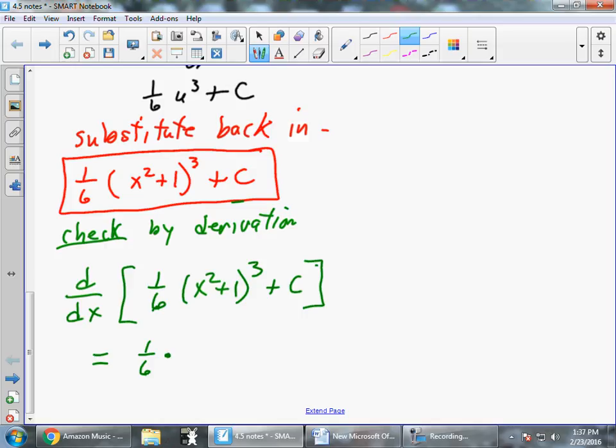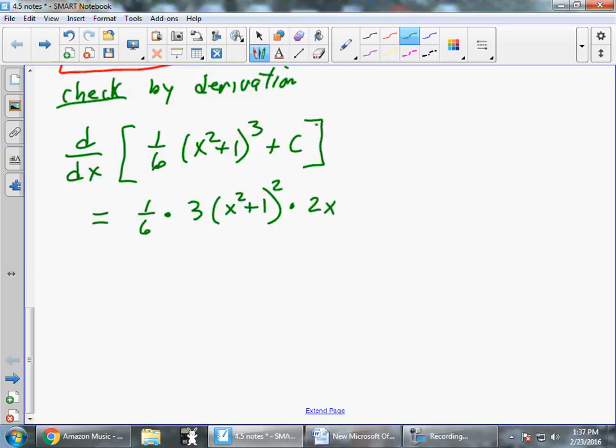It's a constant, it becomes 0. 3 times, chain rule, x squared plus 1, whatever's on the inside, to the power of 2. Times 2x, times the derivative of whatever's on the inside, chain rule. Okay, let's clean it up.